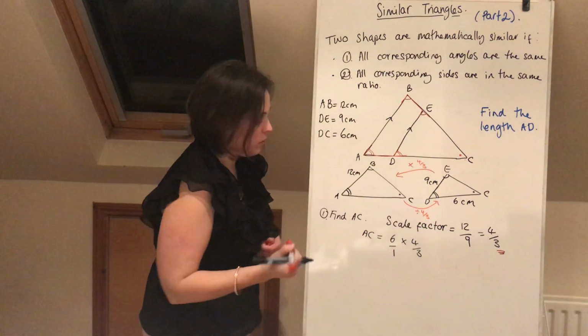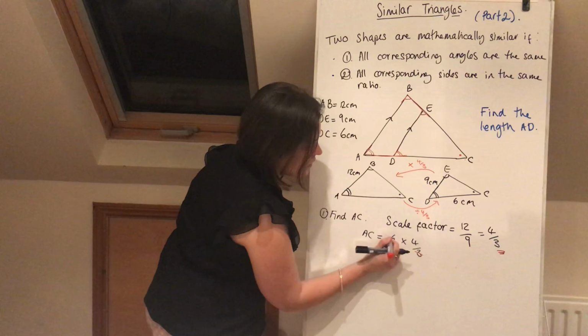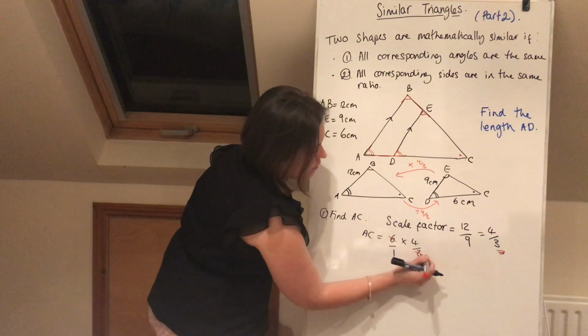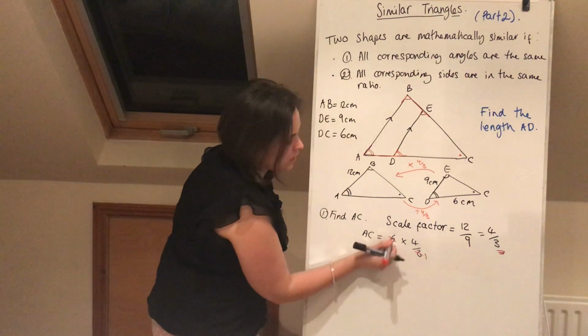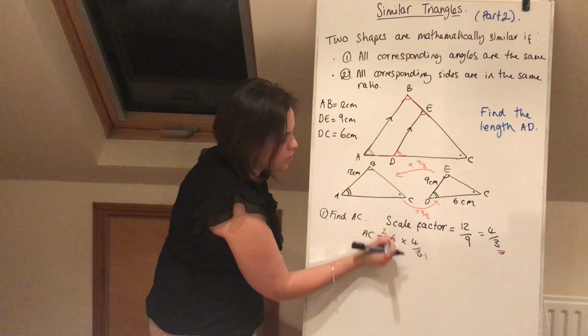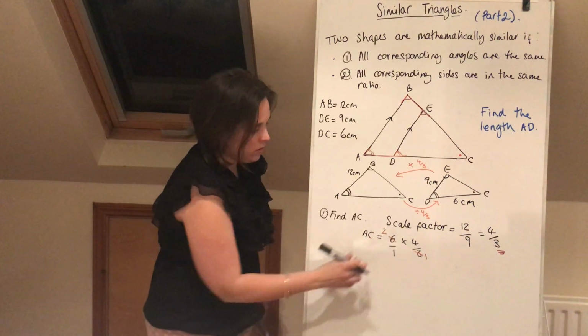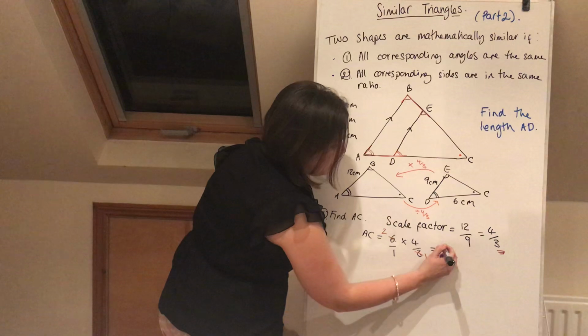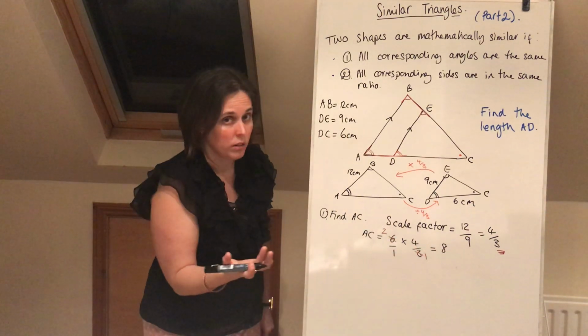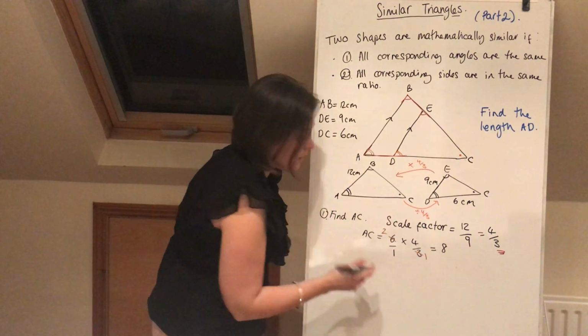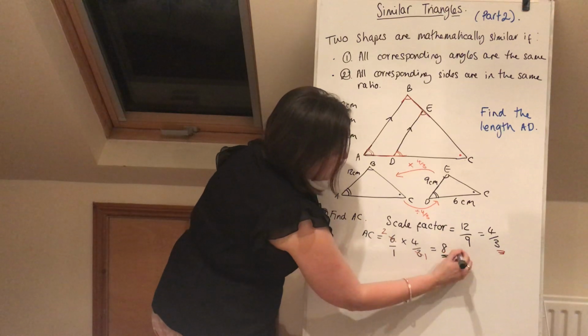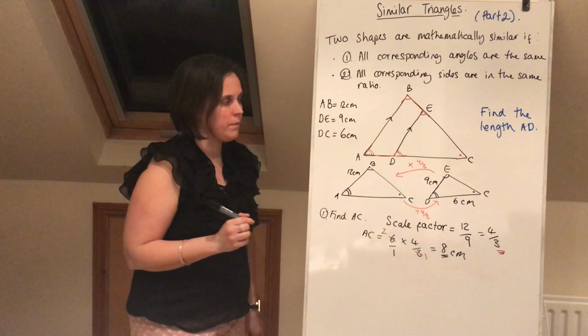In this case we've got the 3 and the 6 that cancel. 3 into 3 is 1, 3 into 6 is 2, and then we just multiply across. 2 times 4 is 8. 1 times 1 is 1. If we get 1 in the denominator, we leave it alone. So AC is 8 centimetres.